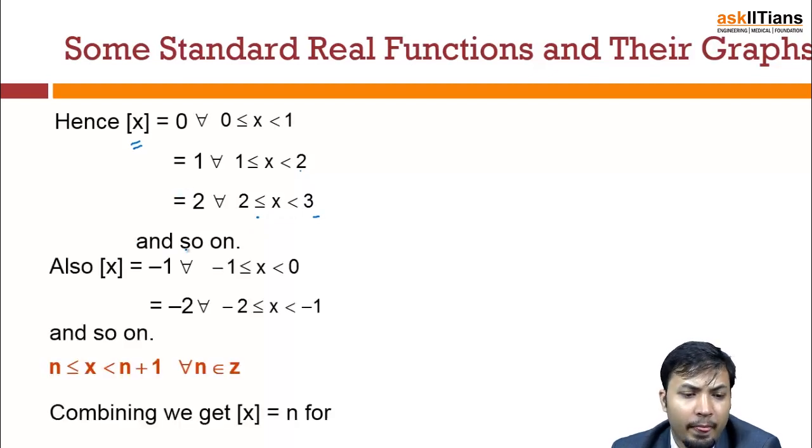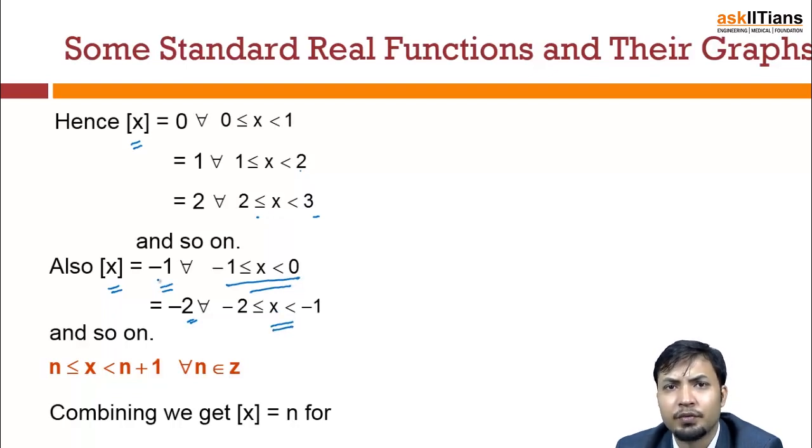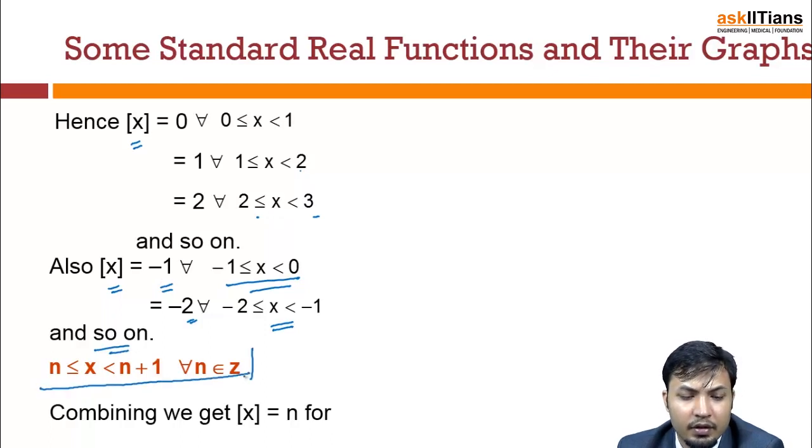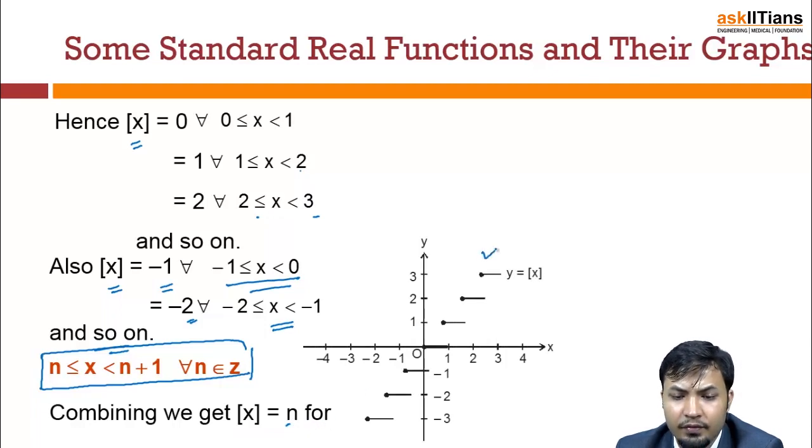Now I also need to be sure about the negative conditions. You see, for minus 1, the lesser value than minus 1 is minus 2, right? So it will move in the other direction, and so on. So this is the interpretation for the greatest integer function. Combining this, everything can be plotted in the graph, right? So you see, I put it in the graph, it will lie like this. You see, it is like a step.